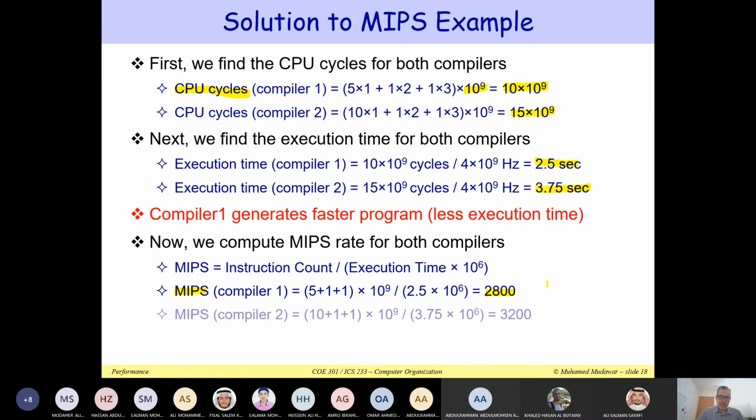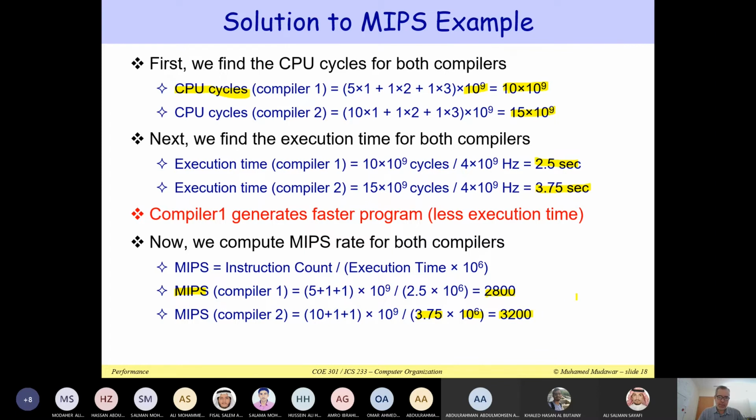Now, if I would like to calculate the MIPS rate for compiler 2, I have 12 billion instructions, right? So 10 plus 1 plus 1, these are 12 billion, and these are executed in 3.75 seconds. Of course, I have to divide by 1 million here to convert it to millions of instructions per second.